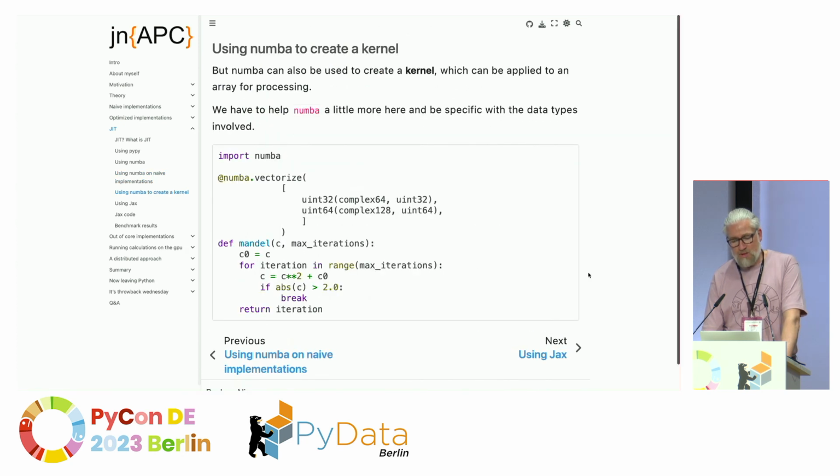Another idea is to start to think in kernels, like switching the problem around, no longer having the idea to iterate a whole array of things, but to have something that can be applied to each and every element of the array. So you write a kernel, we have to be a bit more specific here, telling Numba about the data types that are involved, and then it can compile for you a very optimized version that you can use.